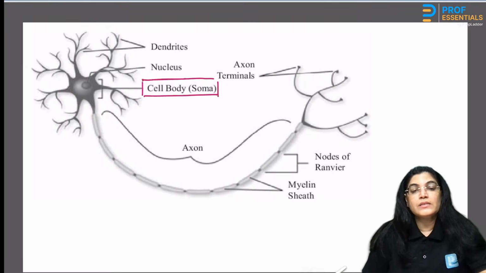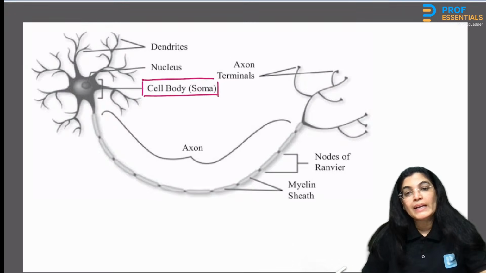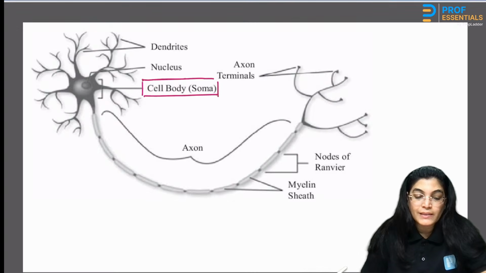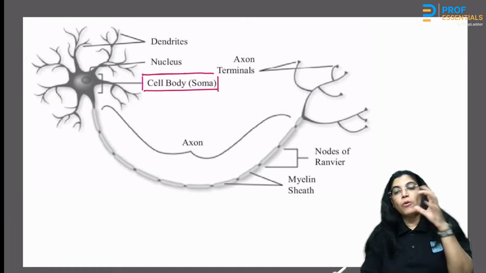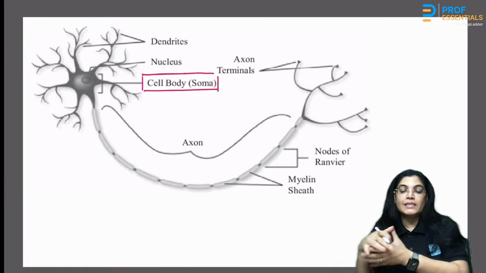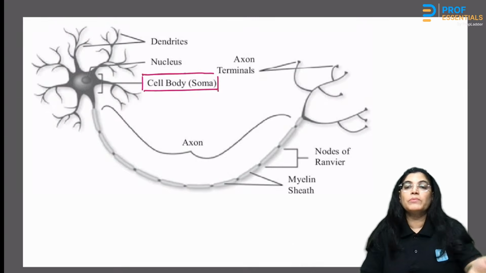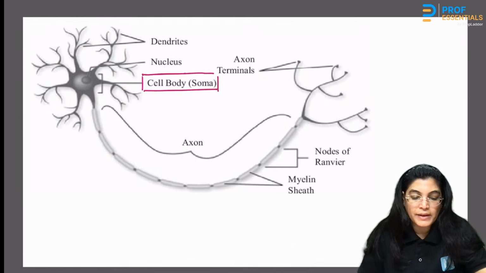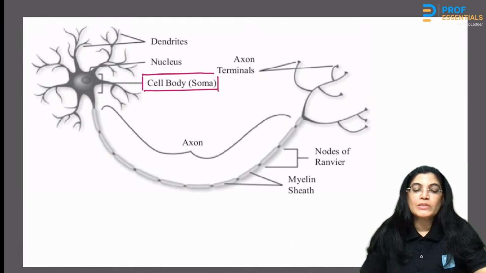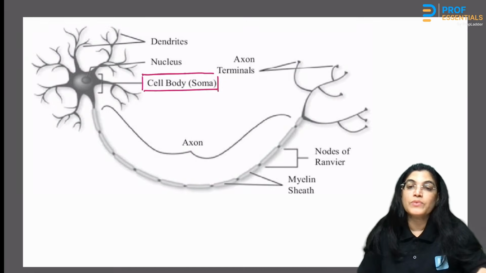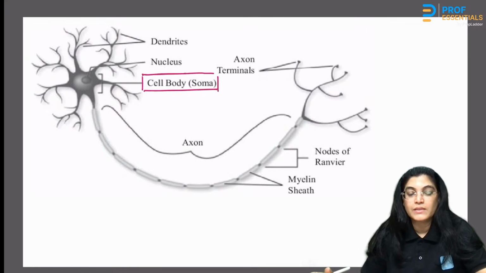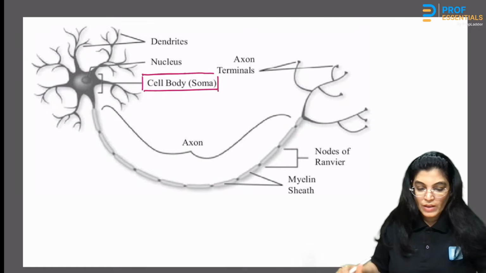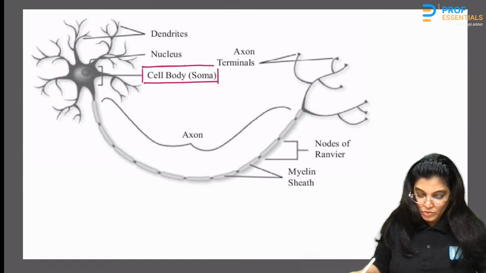The cell bodies of the neurons are mainly located in the gray matter of the brain and spinal cord, and white matter will contain nerve fibers. The size of the soma or cell body varies from 5 to 100 micrometers in diameter. Okay, so that is important for you to note down.